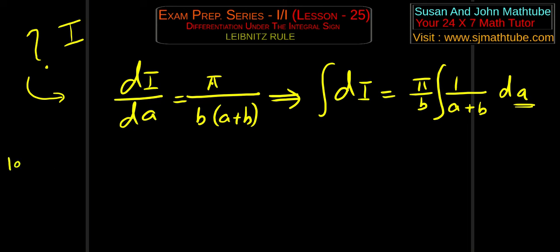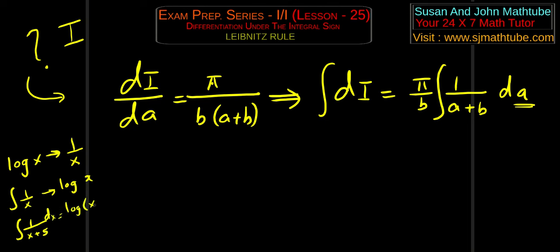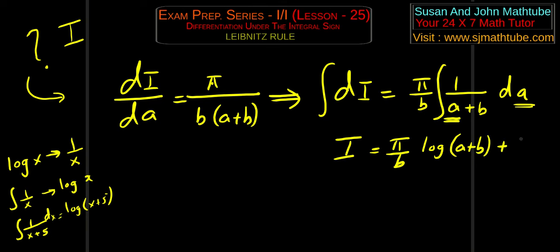And the derivative of log x is 1 by x. So integral of 1 by x plus constant is actually log of x plus constant. With that fact, I'm going to integrate with respect to a. So I get log (a plus b) plus c, and as always, equation number 1.